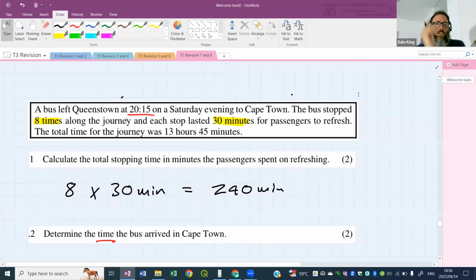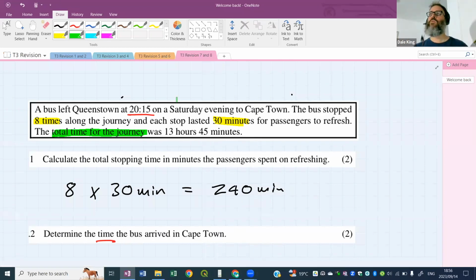But now this is my question. This is what I'm confused with, because it says here the total time for the journey. Does that include stoppages? They're not saying the total time of traveling is 13 hours and 45.